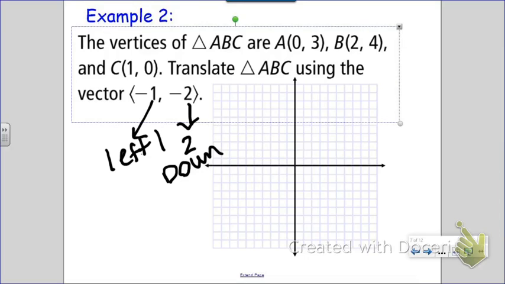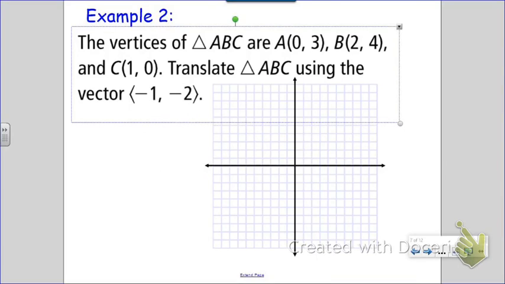So our vertices are at (0, 3), (2, 4), and (1, 0).